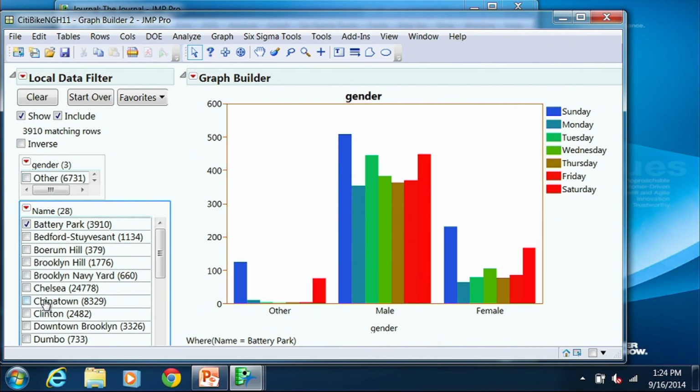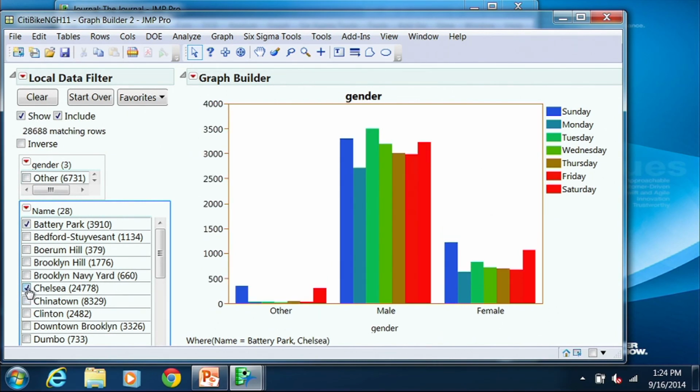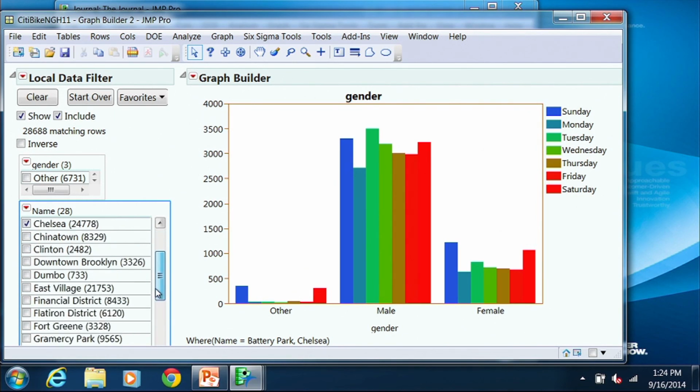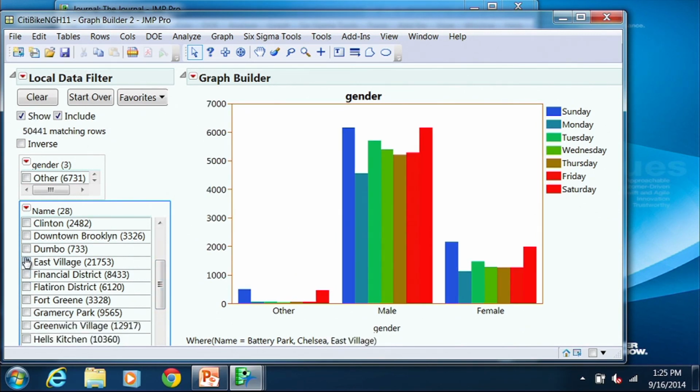Let's look at what happens there. Let's look at Chelsea. So we started to drill down in the actual neighborhoods to see if we could find patterns in this Saturday, Sunday gender difference and the tourists. So using JMP's data filter and the graph builder and having that flexibility, we were able to drill down and look at particular usage by neighborhood.